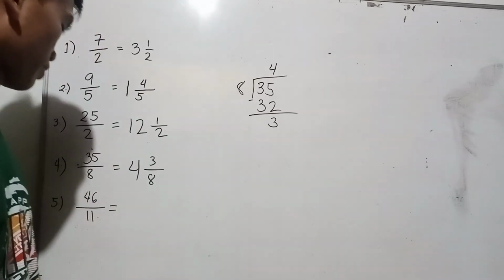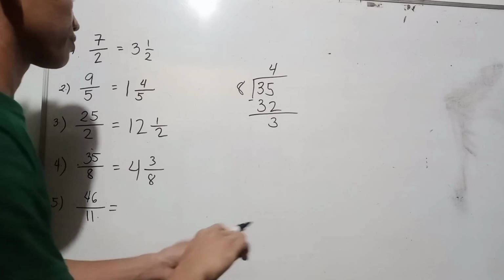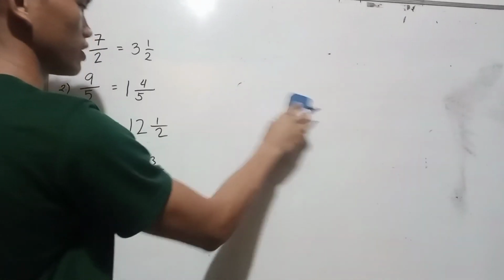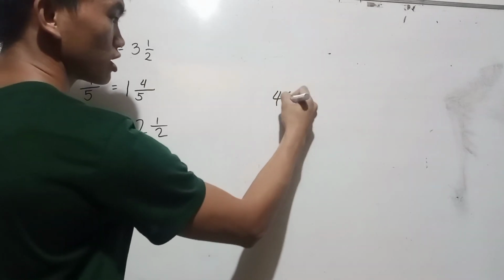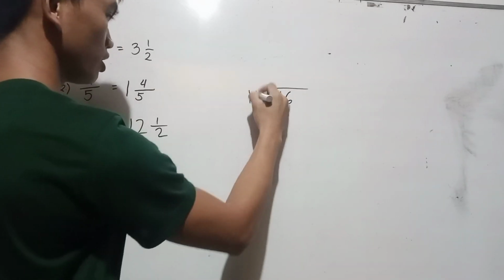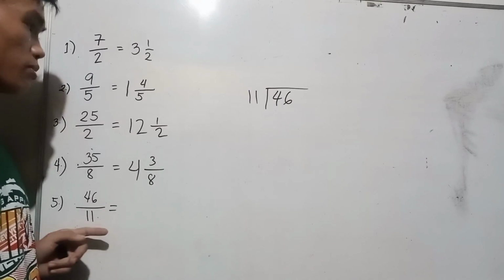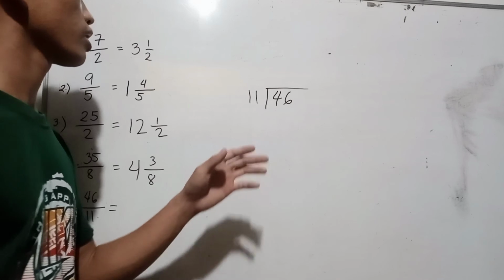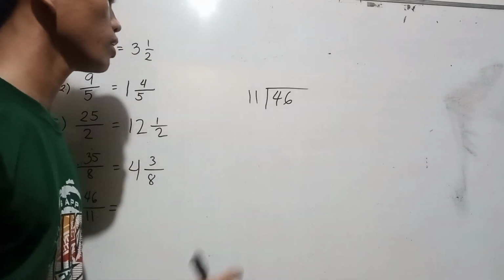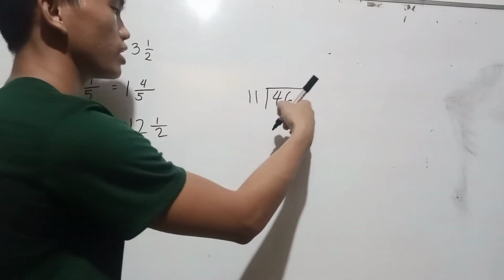So, number 5. 46 will be the dividend and 11 will be the divisor. Think of a number that, when you multiply by 11, the answer is lesser than 46.